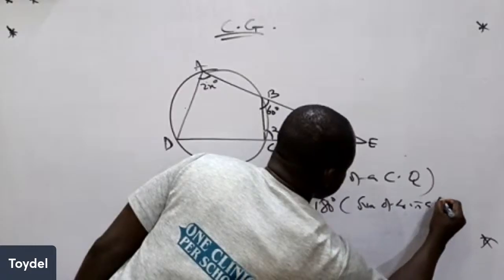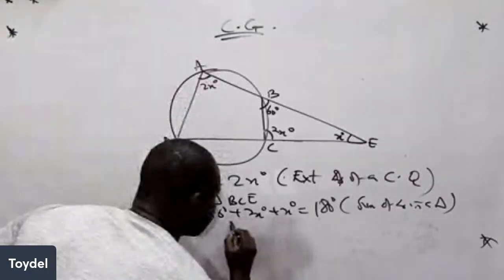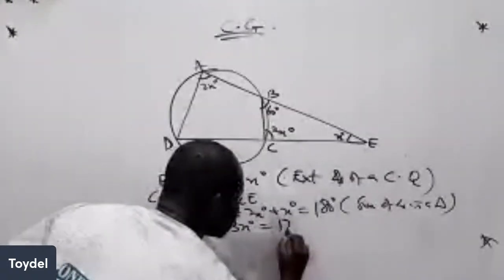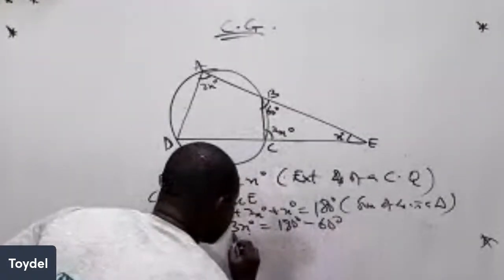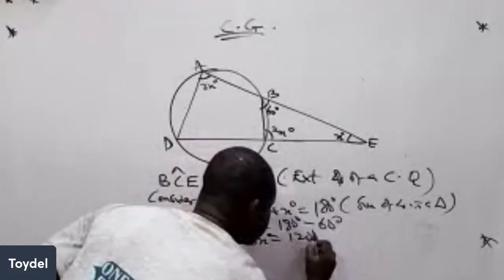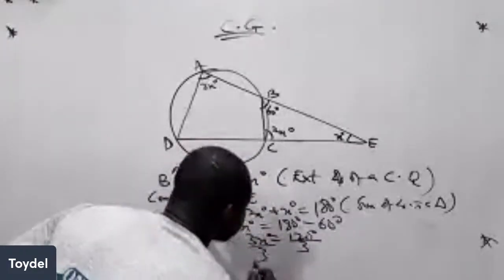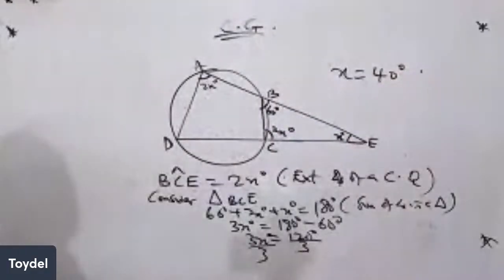Then I will have 3x equal to 180 minus 60, so 3x is equal to 120 degrees. If I divide both sides by 3, x will be equal to 40 degrees. That is what we are going to get there.